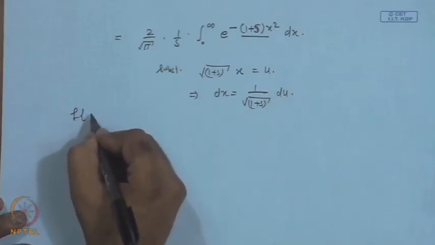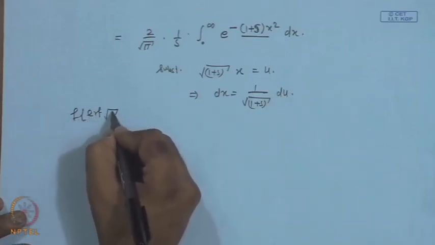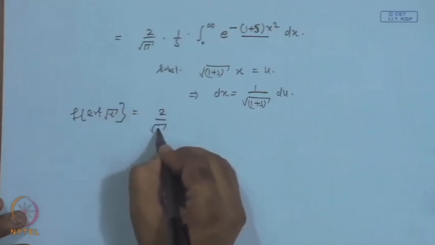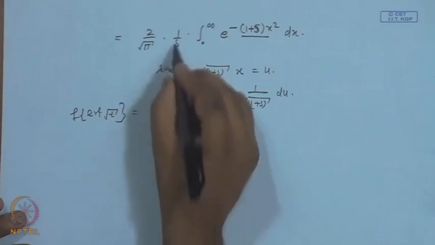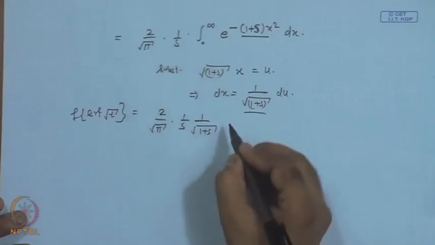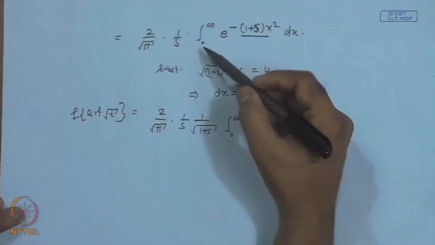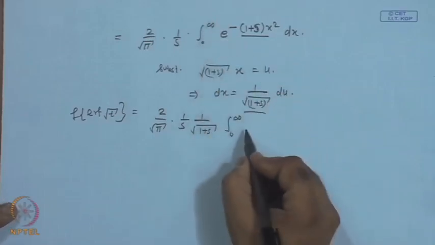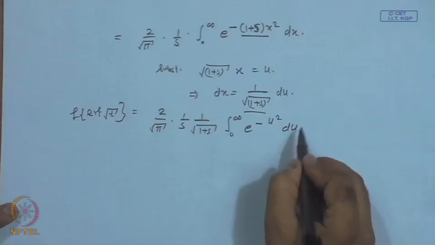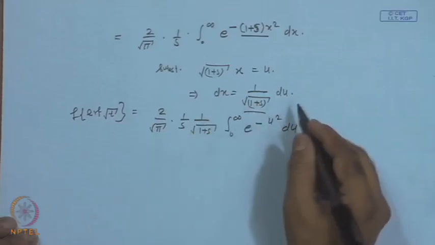In that case, the error function of square root t is 2 over square root pi, times 1 over s, times 1 over square root 1 plus s, with the limits 0 to infinity, which will not change, and e power minus u square du.